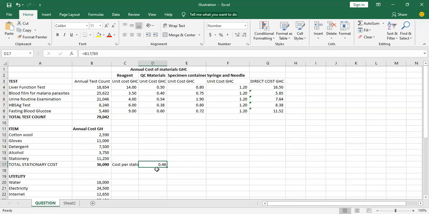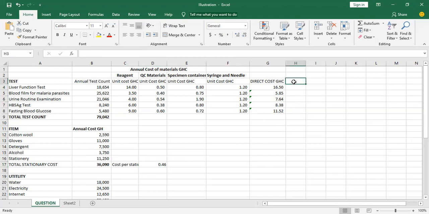So what it means is that we are actually sharing the stationery cost over all the tests. So each test is going to absorb 0.46 Ghana cedis as part of the indirect cost that is added onto it in order for us to determine our full cost.